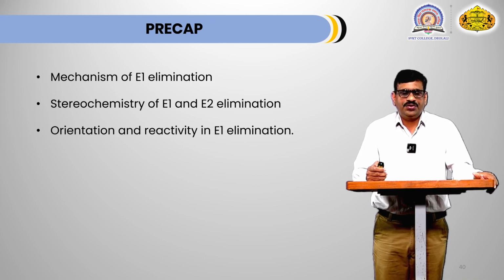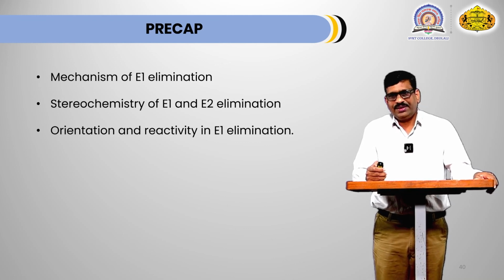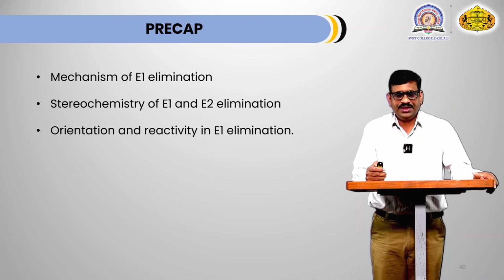In that, we are going to see how rearrangements take place in E1 elimination, because in E1 elimination carbocation is intermediate and we know that carbocation can rearrange to more stable carbocation.